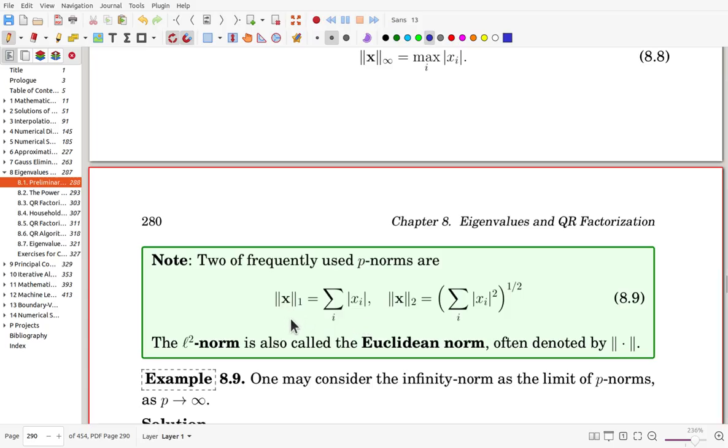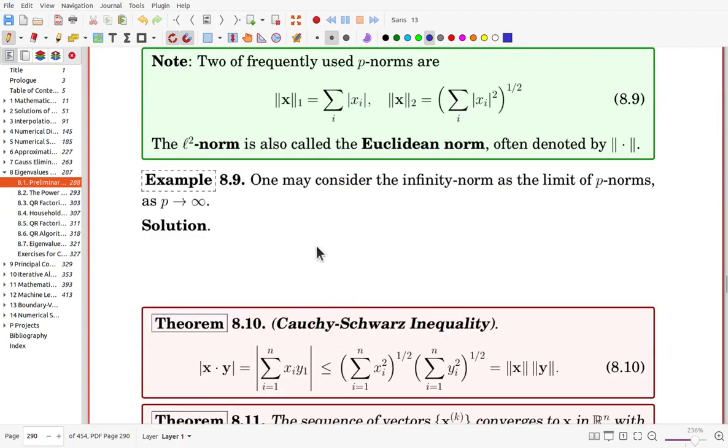That is the one norm. The two norm is the well-known Euclidean norm. Once there's no subscript number here, then we consider it just the Euclidean norm. One may consider the maximum norm as the limit of p norms as p approaches infinity.